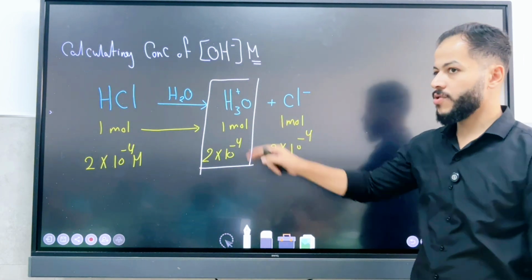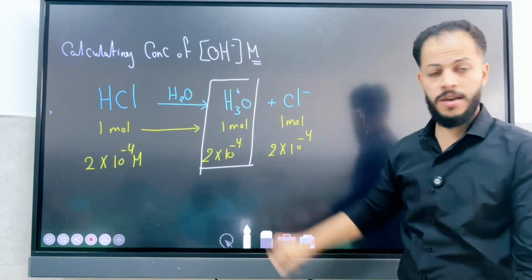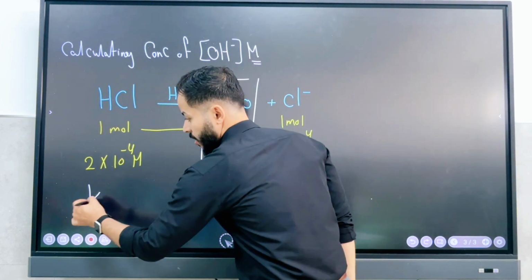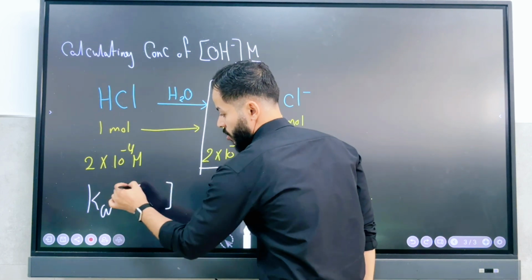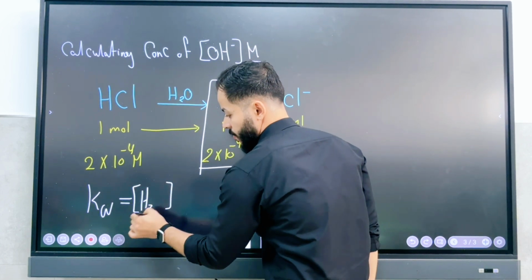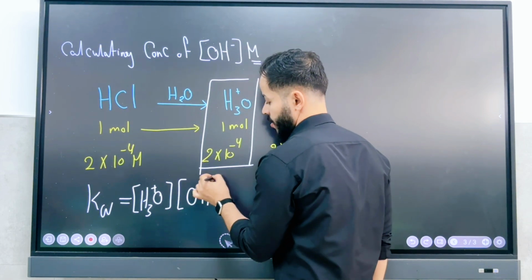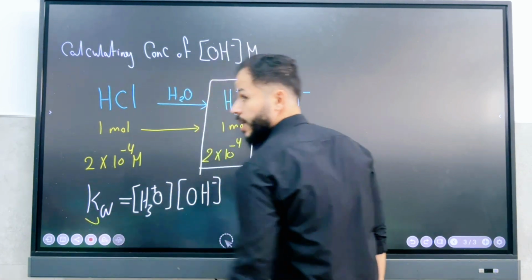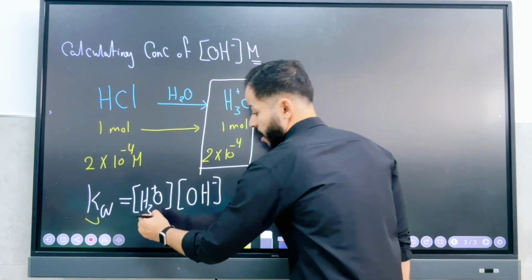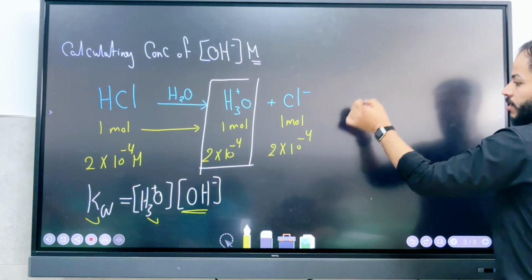So if I have the concentration of the hydronium, could I get the hydroxide concentration? Yes, very simple. Kw, the self-ionization constant of water, is equal to the concentration of the hydronium ion times the concentration of the hydroxide ion. I have this as a constant, 1 times 10 to the power negative 14, and I have the hydronium from the equation, so I can calculate this simply.